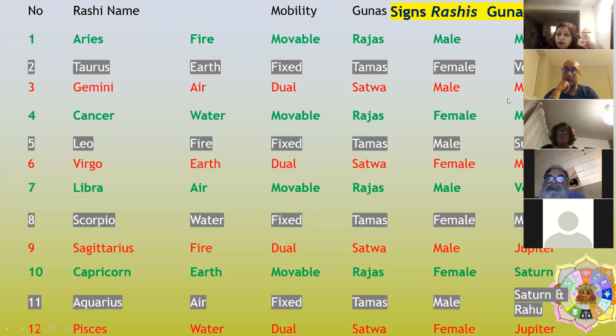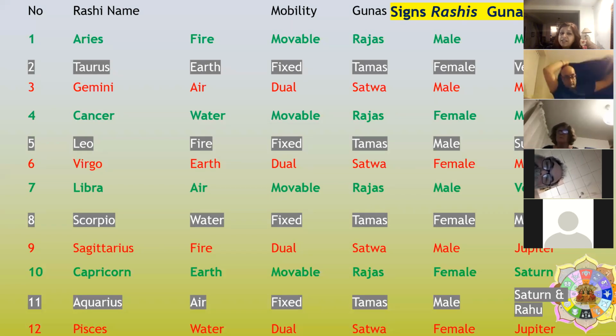And they are male, this Aries, and I have marked out that even the signs alternate. So the even signs are all female signs. Please note that, because that will help us get a very good idea about what signs are like when it comes to ferocity and things like that.